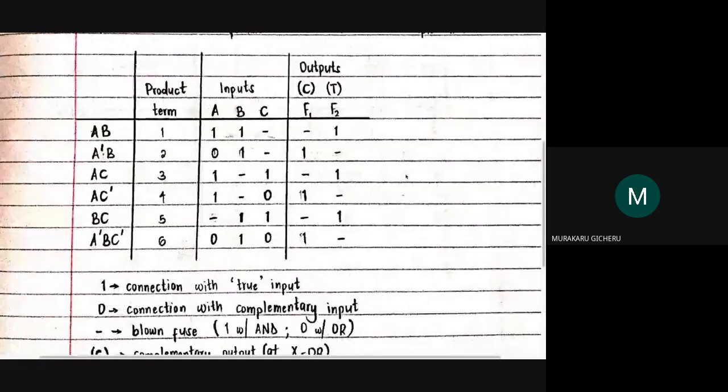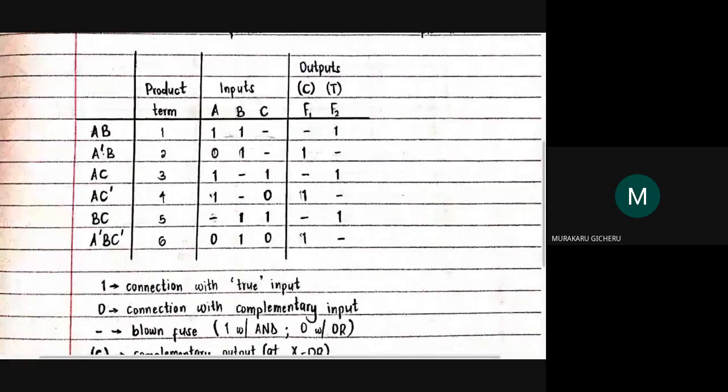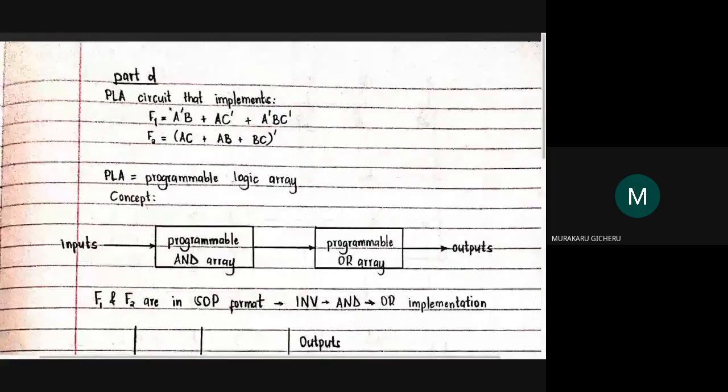Here we have n inputs. We can see that we have 3 inputs, A, B, and C. The number of product terms, which we call k, is 1, 2, 3, 4, 5, 6, because we have 6 different product terms over here.